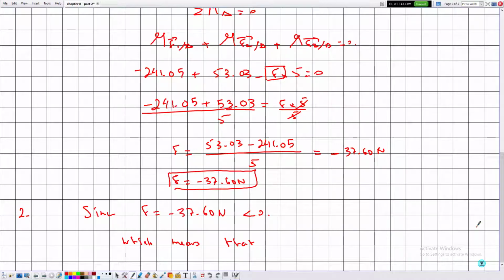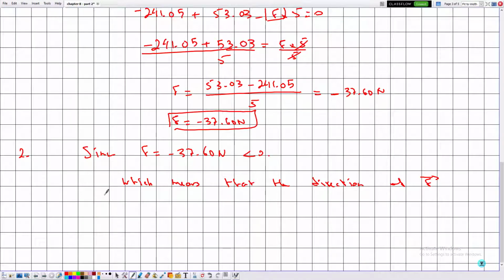F negative means that the direction of F must be, and this is extremely important, opposite to that chosen in the figure.